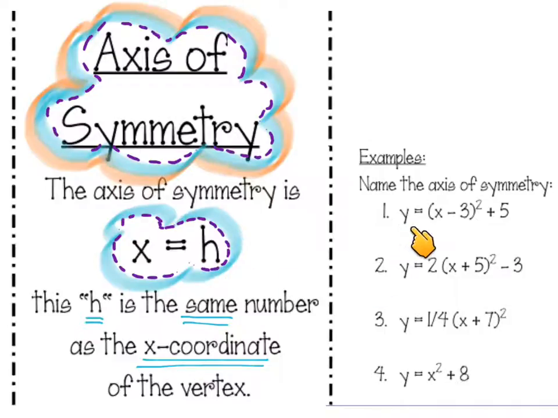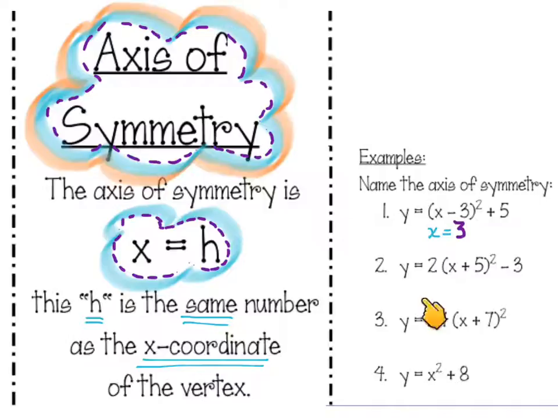So let's take a look at this example. h maps itself to the -3. And again, with x you have to think opposite. So that -3, think opposite, it's going to be +3. And so your axis of symmetry is going to be x equals 3.